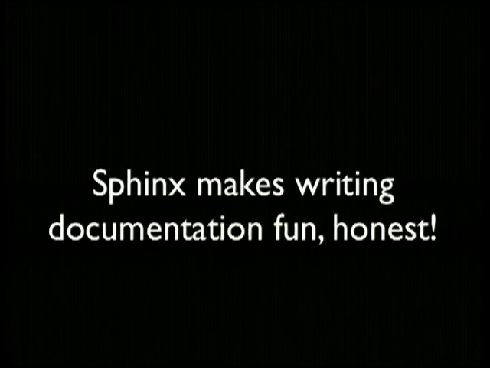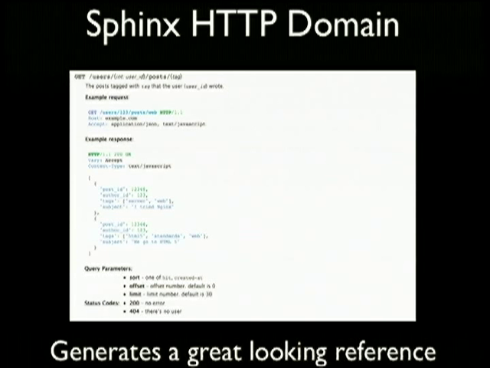So when you're documenting a REST API, they have a contributed module called the HttpDomain, and it generates a great-looking reference, which you probably can't see any of, but that's okay. I've got a URL at the end of my slides that'll have references to all these things.